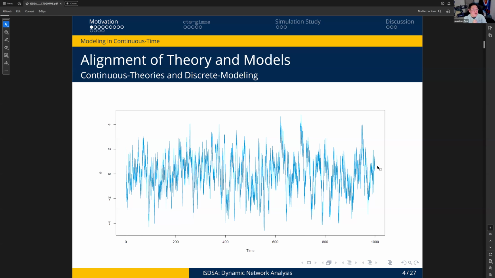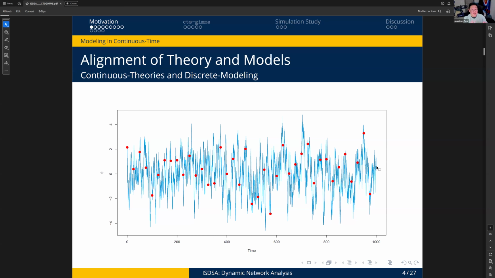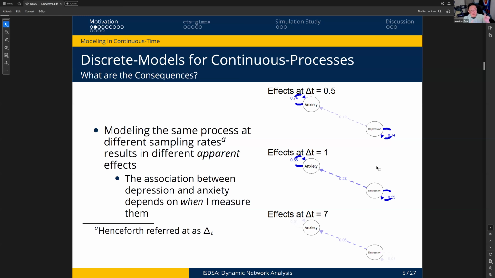In contrast, these red dots are the realizations of that time series. This is when I would be gathering my data on when you're depressed. The red dots are our realization of the time series, whereas the blue line is the continuous time series that we're assuming exists. You can imagine that I can shuffle these red dots.